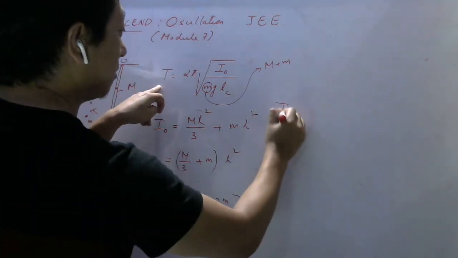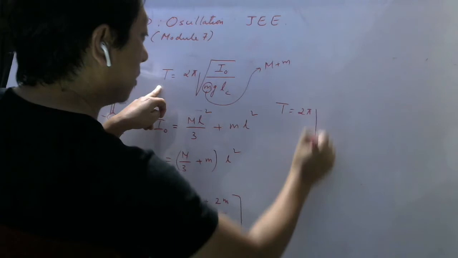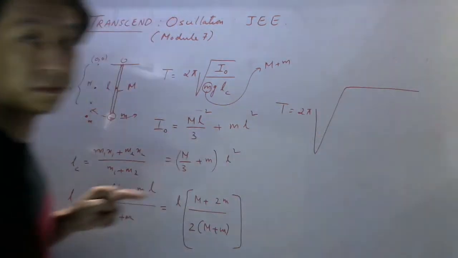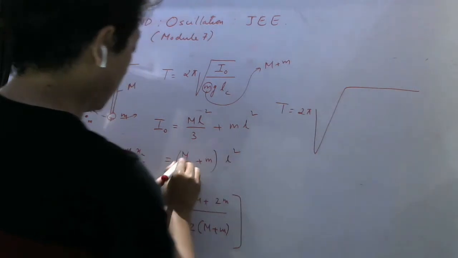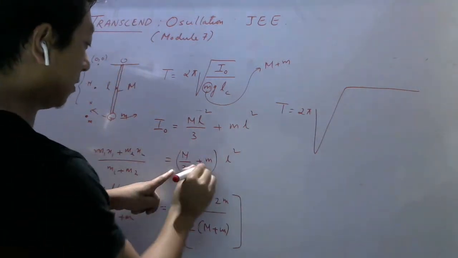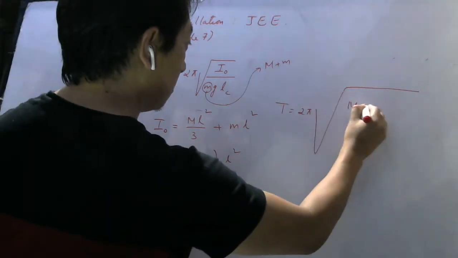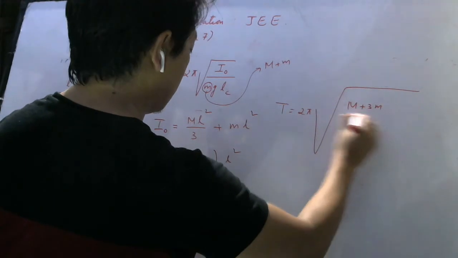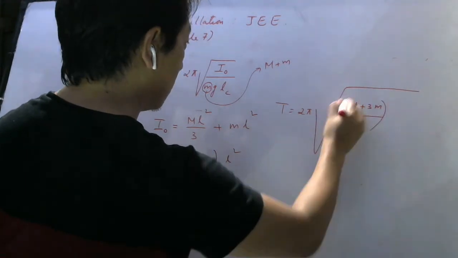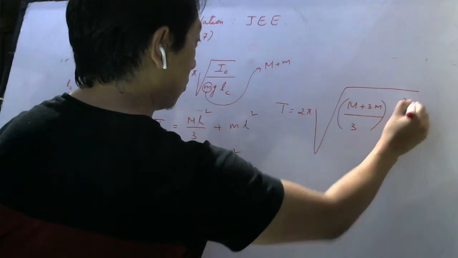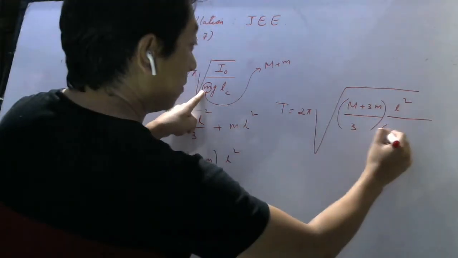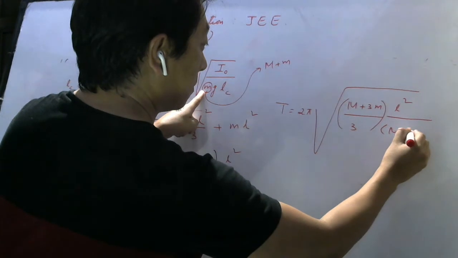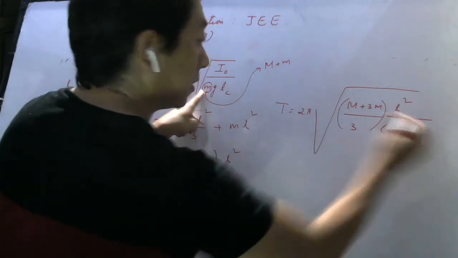So the time period will be equal to 2 pi root over the moment of inertia. How much did we find? This I can write as (M plus 3m) divided by 3, times L square, divided by (M plus m) g, right?